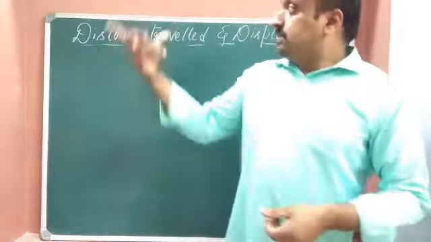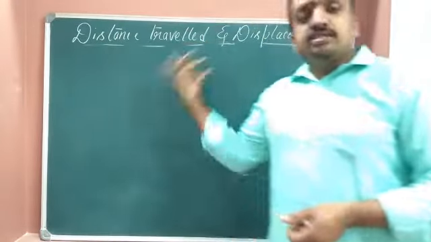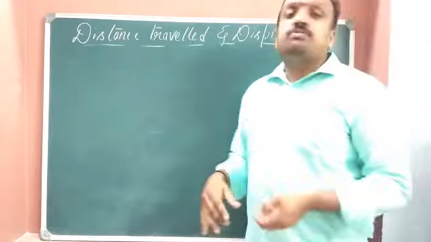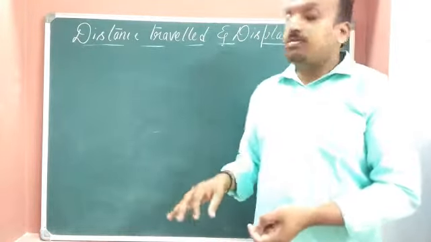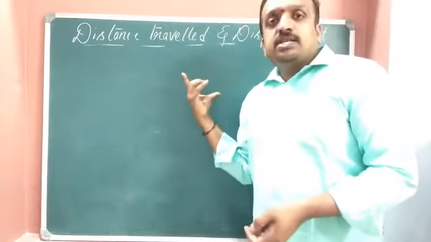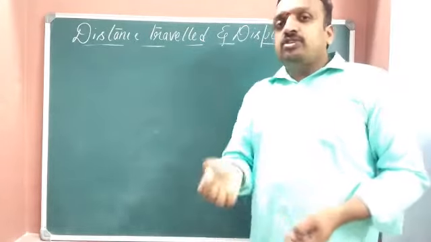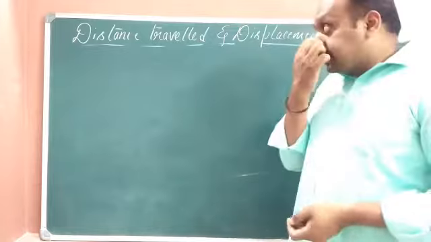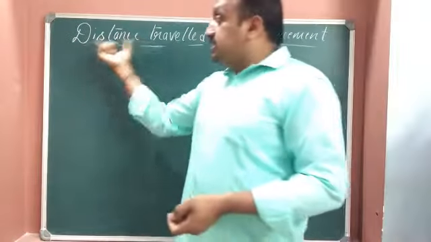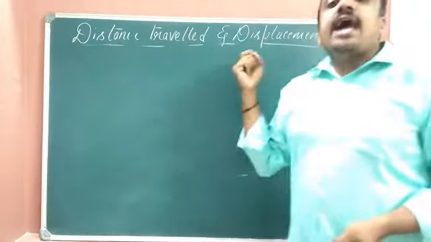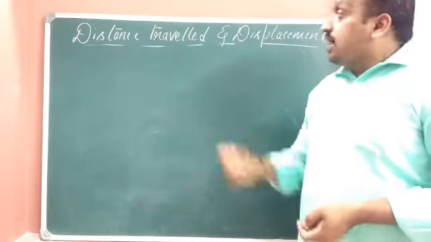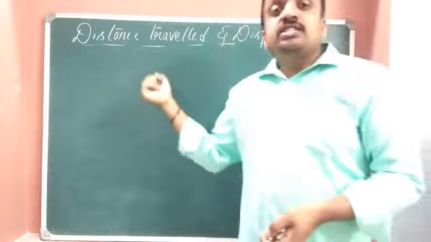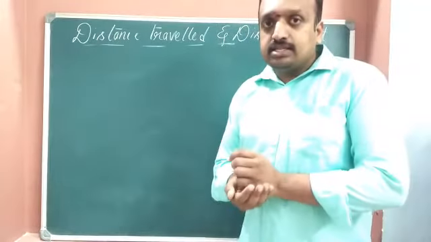Now, the distance traveled and the displacement. In my previous video, the concept of distance traveled and displacement was clearly explained. Here I am going to tell a very basic thing. The distance traveled is the actual path traveled by an object, and the displacement is the shortest distance.